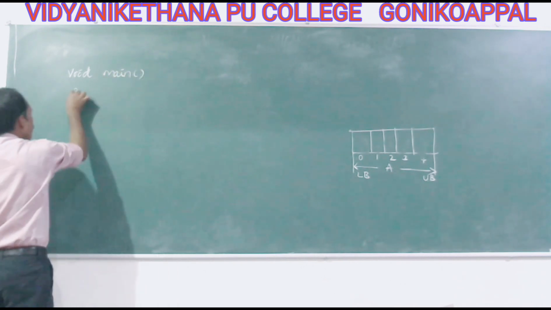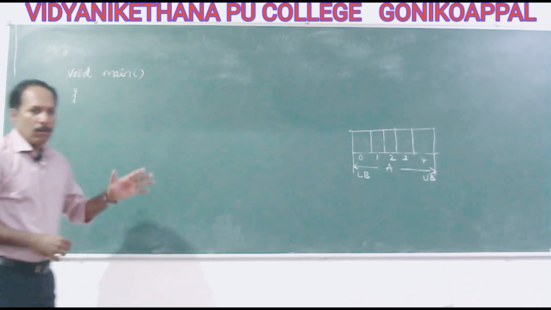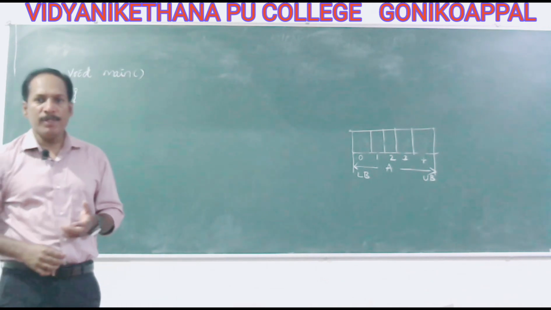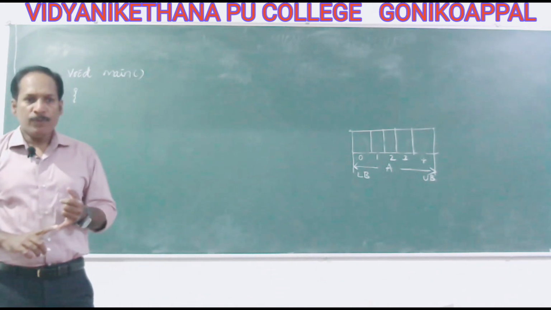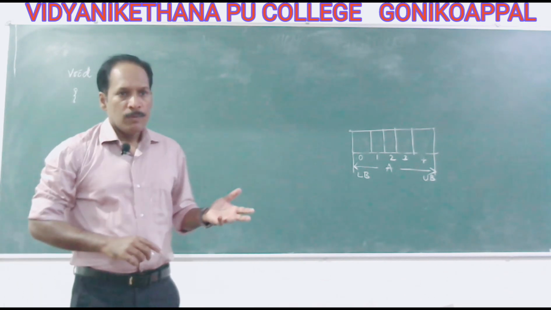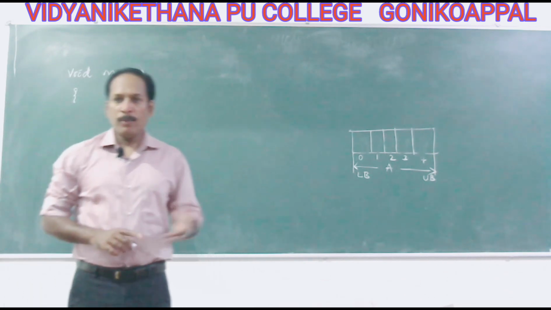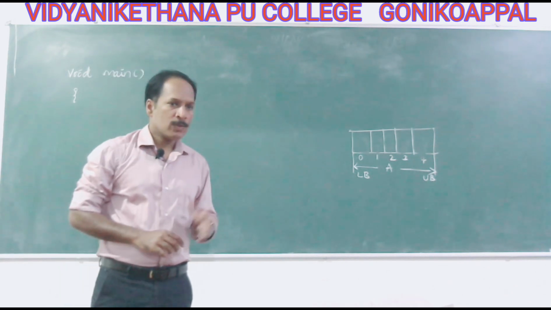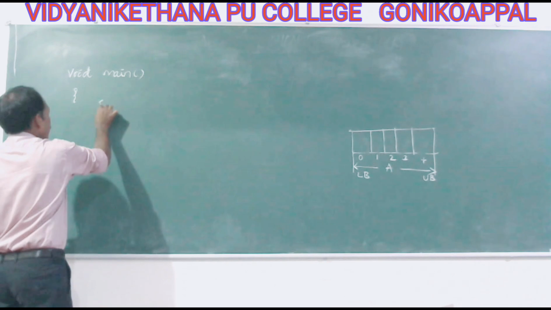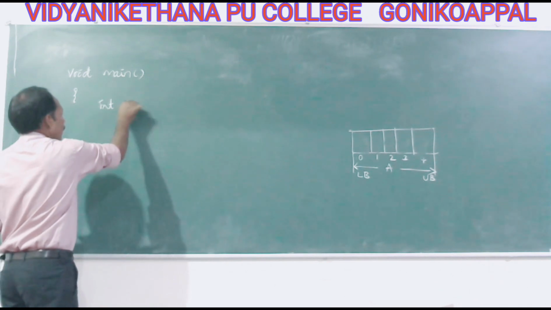First I have to declare all the variables which I am going to use. One, we need an array, and we need a size for the array, and also the lower bound and the upper bound. We can take a subscript I. Whenever we talk about a one-dimensional array, first we have to define an array: data type, array name, size.